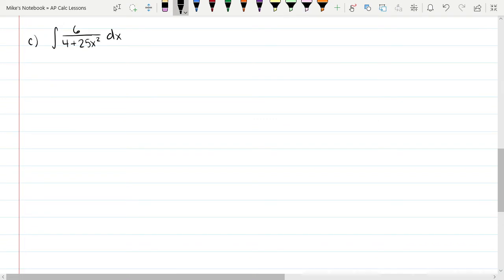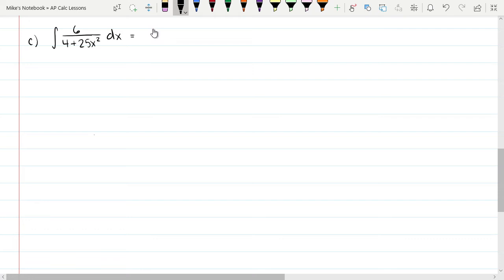All right, so let's go ahead and take a look at a fairly straightforward one here involving arctangent. So we have the integral of 6 over 4 plus 25x squared. And just like before, first thing I'm going to do is rewrite this, because remember that we want the denominator to match a squared plus u squared.